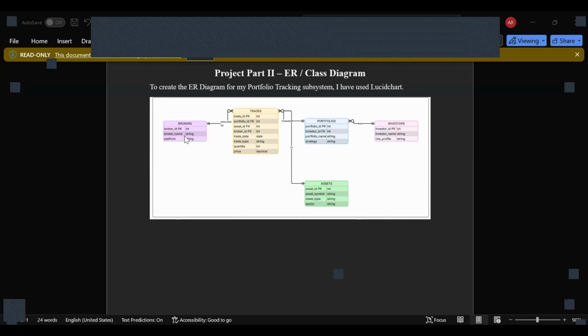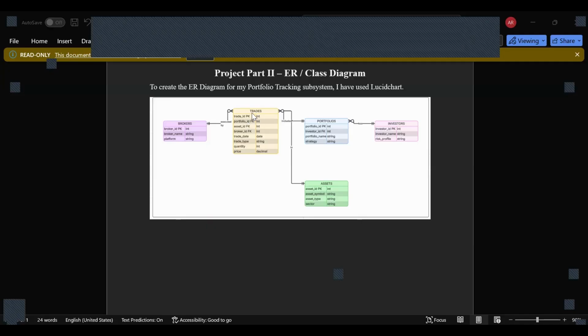Then we have the brokers table, which stores brokerage firms or trading platforms that are used to execute the trades. This allows the system to analyze trading activity by broker. And then we have the trades table, which is our main transactional table in the database, and it records every trade made within a portfolio.